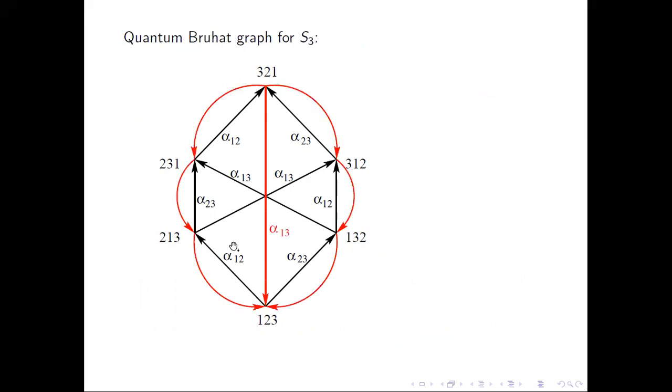And then you have to add these down edges, the quantum edges. For instance, from 3 to 1, if you switch 1 and 3, you get the identity, and that's a large drop in length. But notice that not every arrow has an inverse red arrow. The arrows for the simple roots always do. But then there are other down arrows.